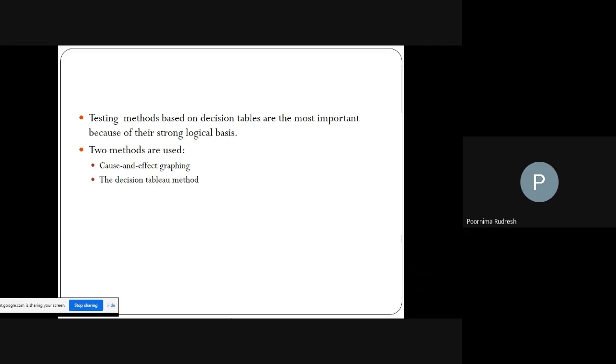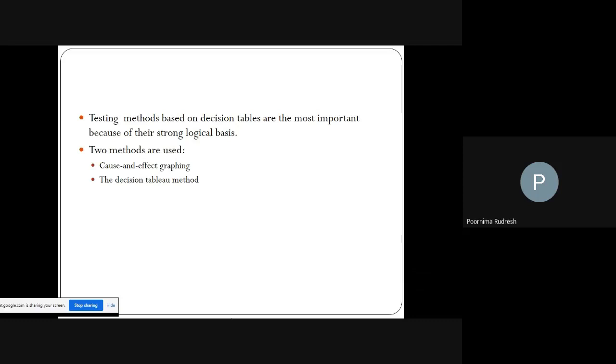The testing methods based on decision tables are the most important because of their strong logical basis. In previous semesters you have already studied how to construct decision tables. When you studied in the ADE, you constructed the truth table, right? The truth table is also called a decision table. There you represent it either in terms of zeros and ones or true or false.